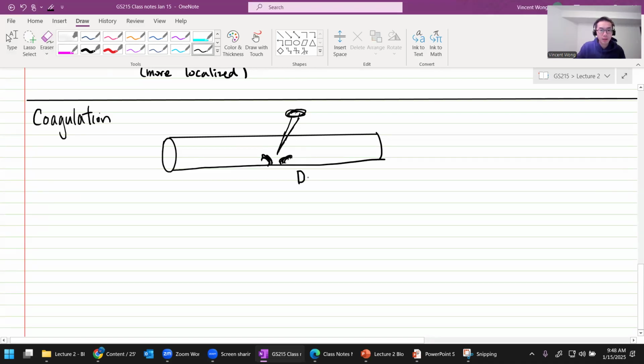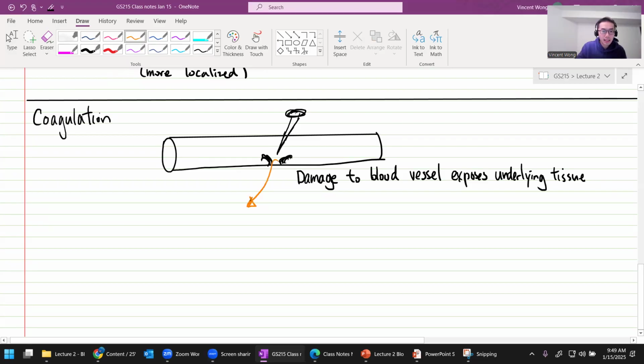So: damage to blood vessel exposes underlying tissue, and that releases something called thromboplastin.